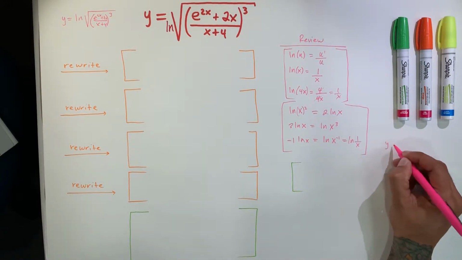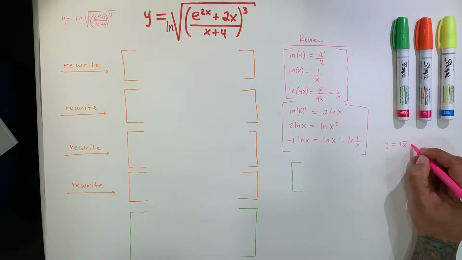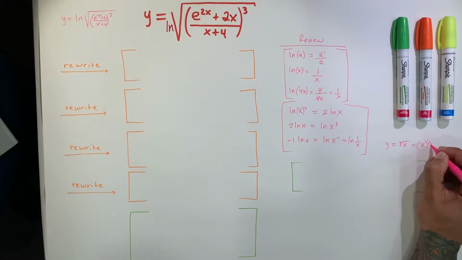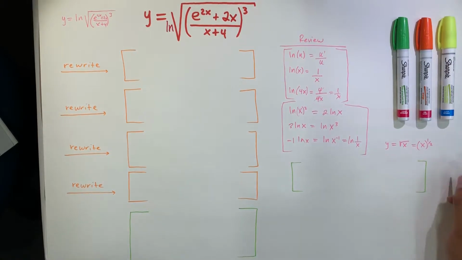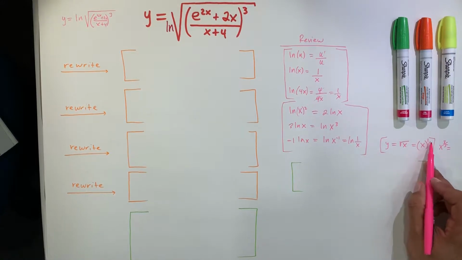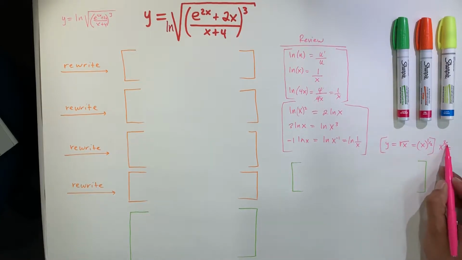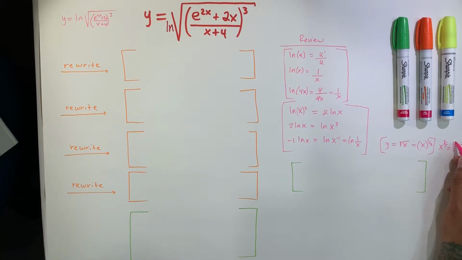Maybe one more. If we have y is equal to square root of x, that's the same thing as writing x to the 1/2. The 2 is the thing on the outside, the 1 is on the inside. So if I have x to the 3 over 5, for example, I can rewrite this in root form, knowing that the denominator goes outside here, so we put a 5 out here.